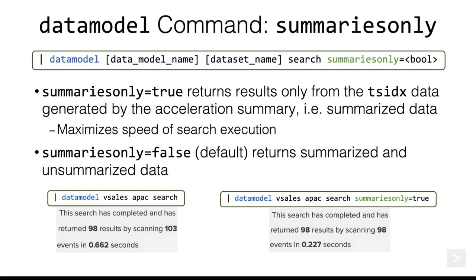The option summaries only forces Splunk to only consider data covered by the acceleration summaries. And as we saw, if you use the summaries only option with true for a data model that doesn't have any acceleration summaries, an unaccelerated data model, you don't get an error, you just simply don't get any results. And that is the data model command.